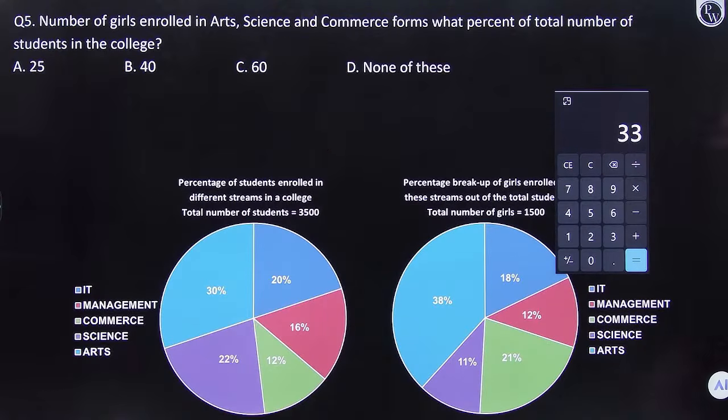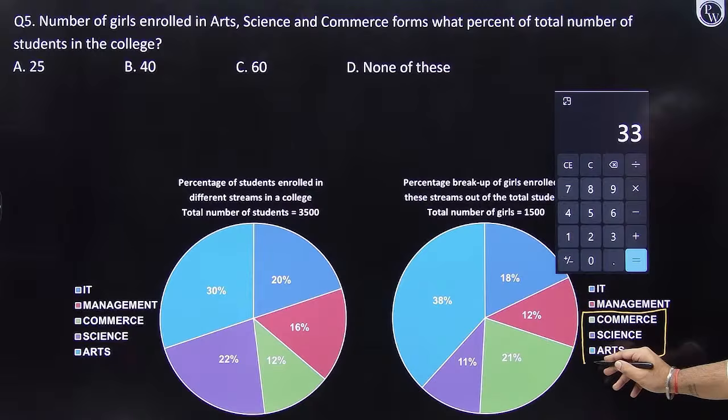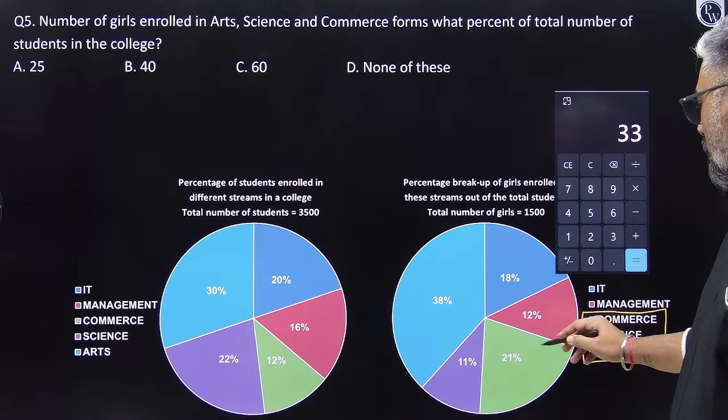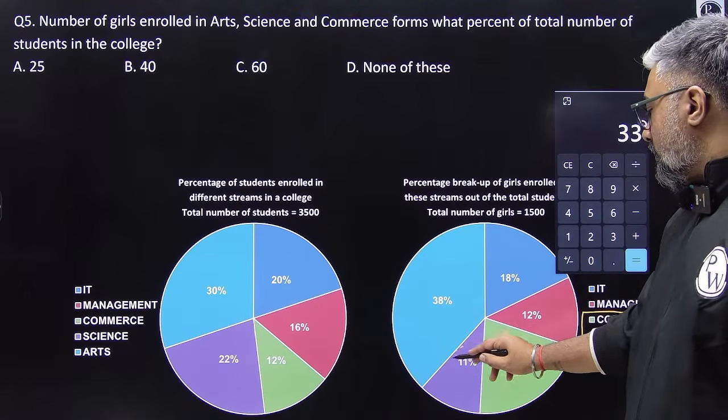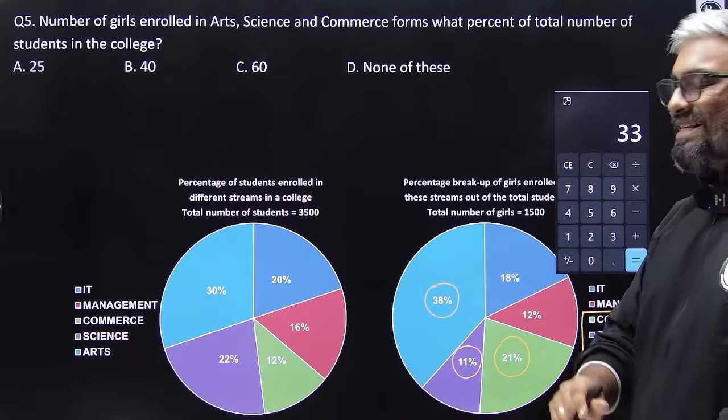And for the final question, quick. Number of girls enrolled in arts, science and commerce. The number of girls are 21, 33, 32, 70.